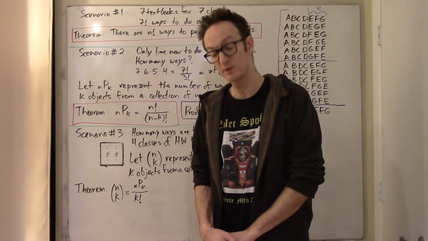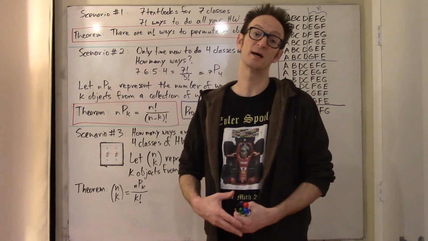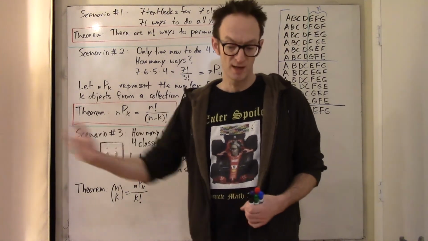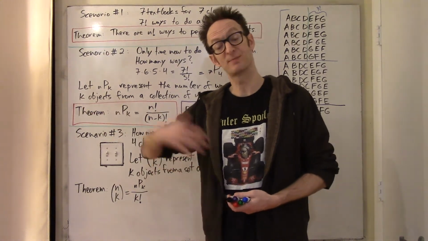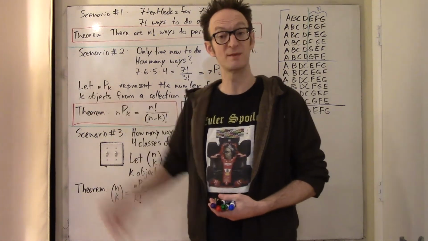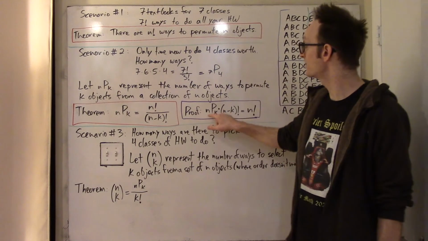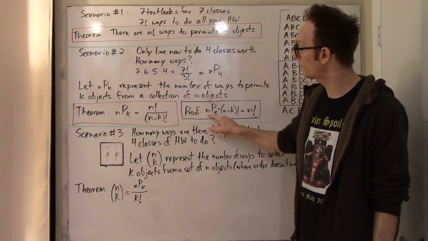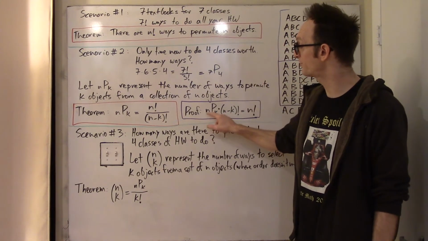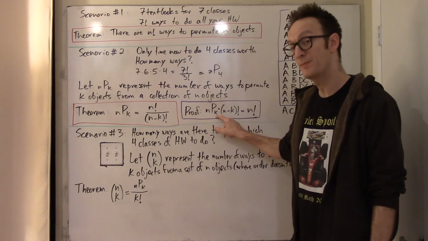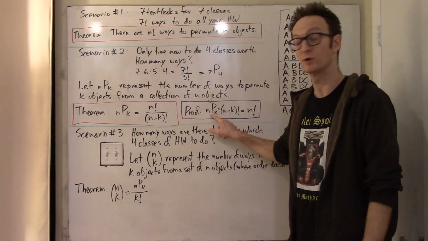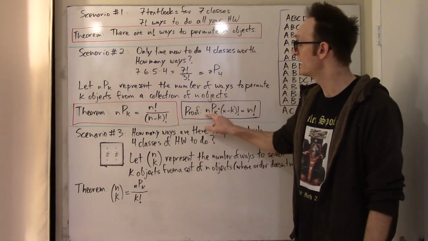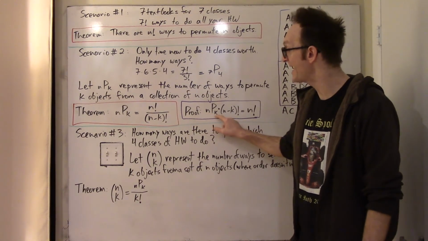And so when the museum is about to open, they let in k people at first, and then throughout the morning, as people leave, then new people can be allowed in. So what is NPK? NPK therefore represents the number of ways of putting the k people that are allowed into the museum. It's the number of ways of putting those people in order. This is the number of ways to permute k of the n people.